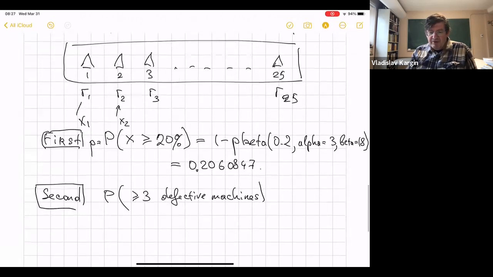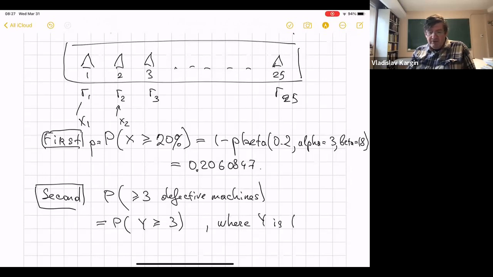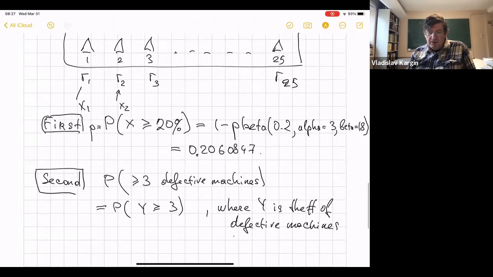This is equal to the probability that the random variable Y, the number of defective machines in the sample, is greater than or equal to 3, where Y is the number of defective machines in the sample.